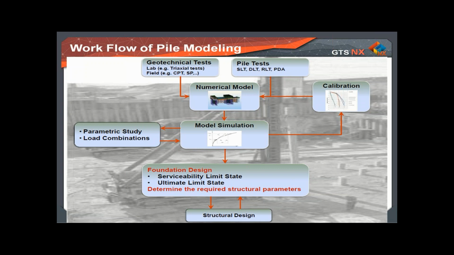At the end, you always end up with a set of structural parameters, and if you do the structural design separately, most of the time you give these to the structural engineer to use for structural design of the superstructure. There is always interaction between structural engineers, and you will go back and modify your model a little bit. So this is a typical flow chart for the numerical analysis of Piled-Raft foundations to enable structural design.